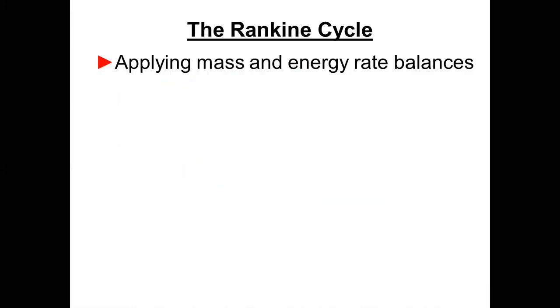Okay, so if we apply mass and energy rate balances to draw a control volume around each one of these components, we're going to get the following. For the turbine, we get the total work out of the turbine divided by the mass flow rate, which would be the specific work, or the work per unit mass. The rate of that is just the difference in enthalpy. Now, this is a simple turbine without extractions.